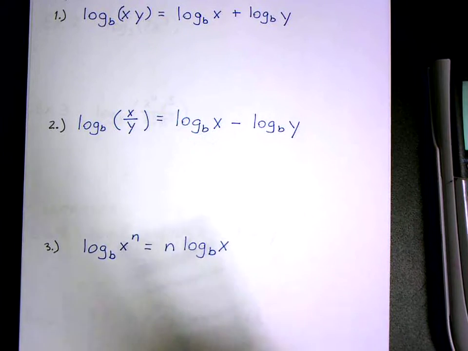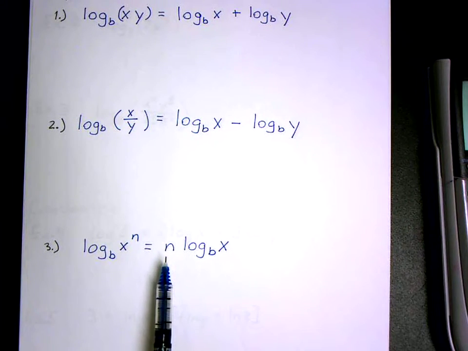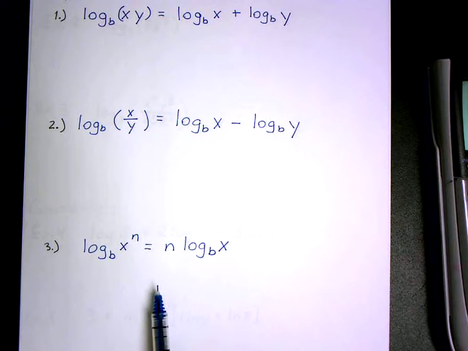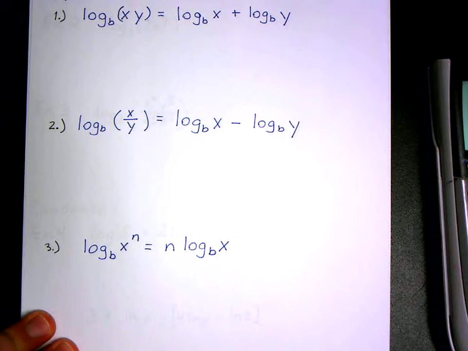Well, if I have n things added together, that just changes into multiplication. So simplified, that just means you can take your exponent and move it to the front. Okay, so those are your three properties of logarithms.